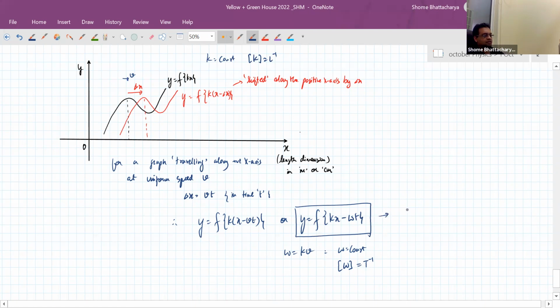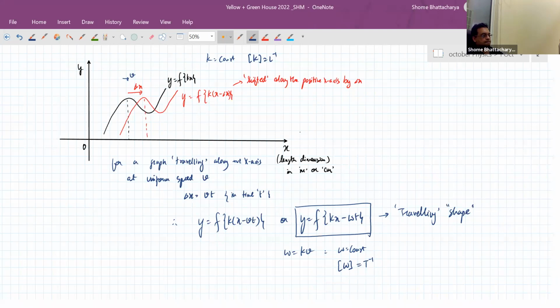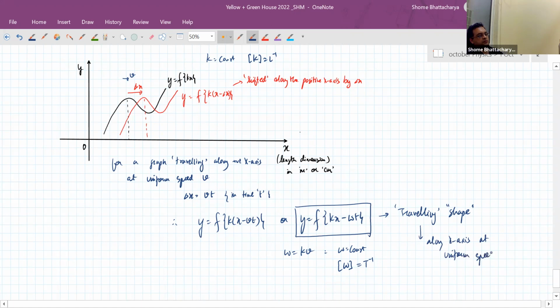So this now represents a traveling shape, and is traveling along the x-axis at a uniform speed of omega by k.